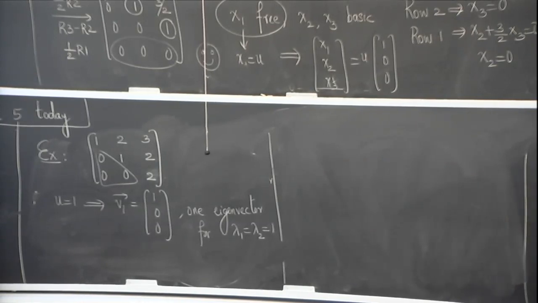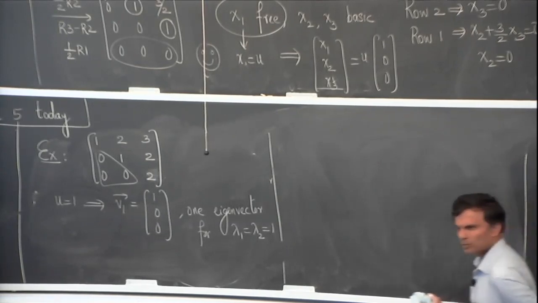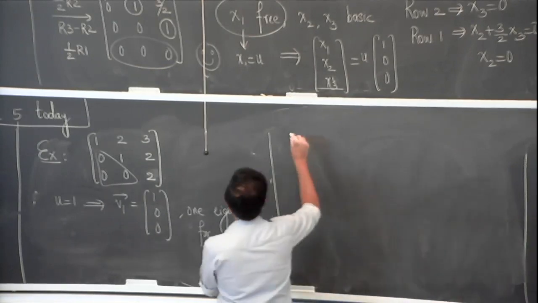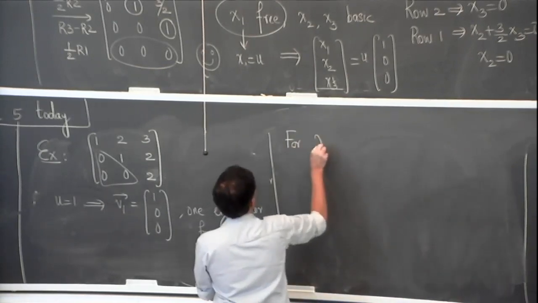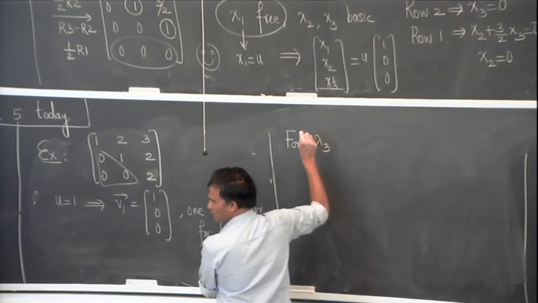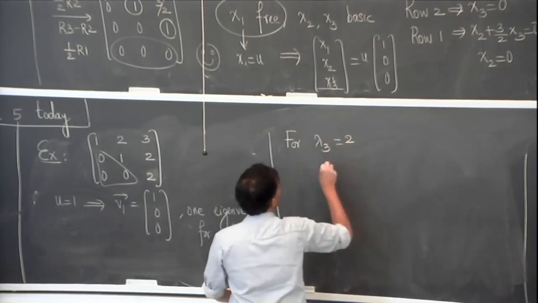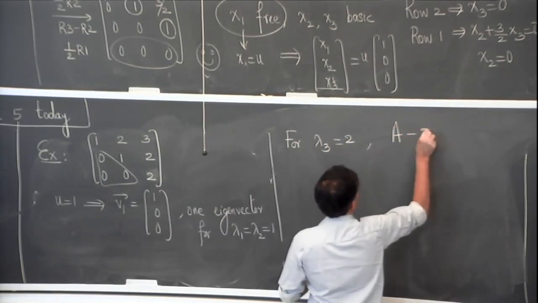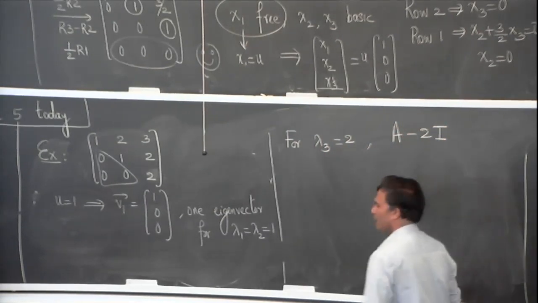All right, and we had a third eigenvalue. What was that? 2. Or lambda 3 equal to, was it 2 or 3? 2. Just find the null space of A minus 2I.